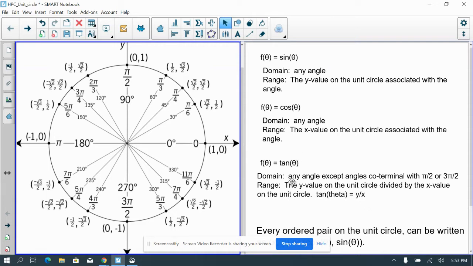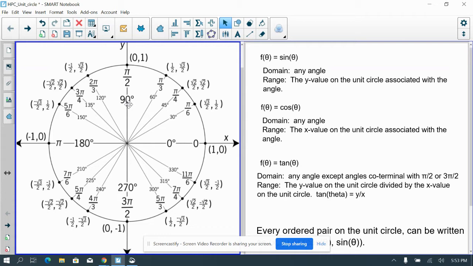The tangent can receive any angle except angles that are either pi over 2 or 3 pi over 2, or angles that stop there. Like you could do a whole circle and then stop at pi over 2. So that would be 360 degrees plus another 90 degrees, so 450 degrees. That would be coterminal with pi over 2.